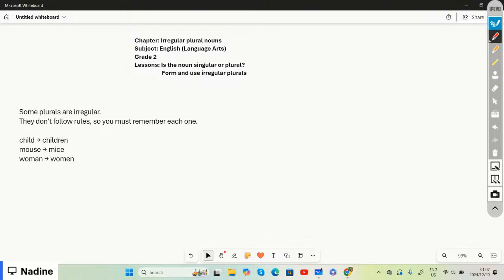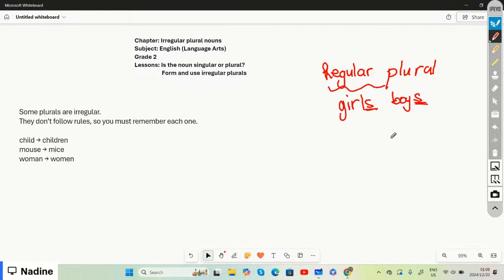Usually with regular plurals, which was in our previous lesson, in order to show that there's more than one, we say one girl, two or more girls. So we just add an S. One boy, but two or more boys. So we just add an S.